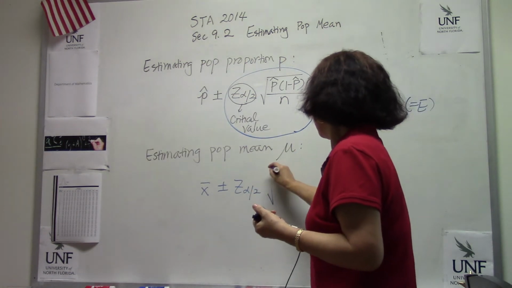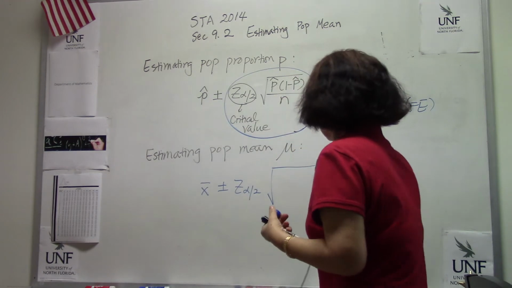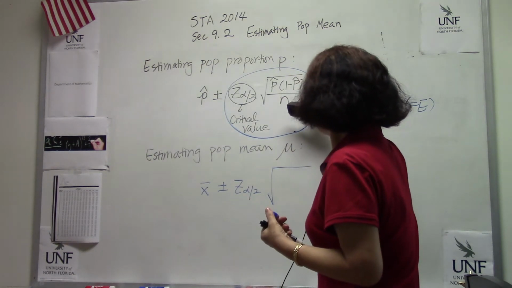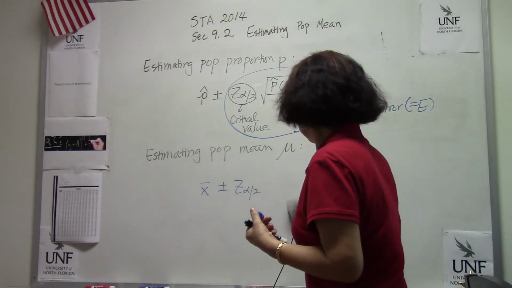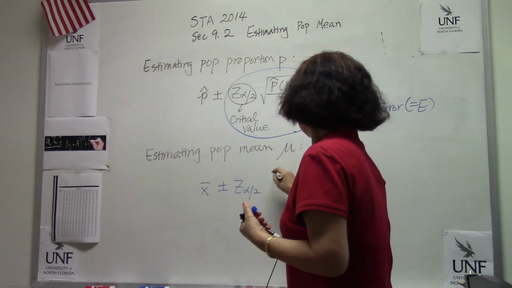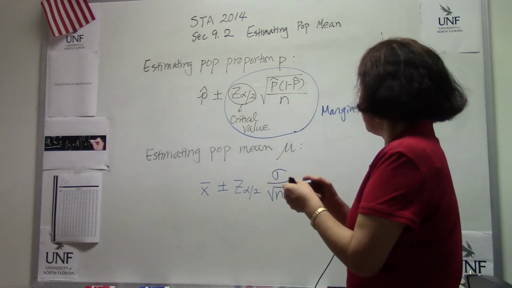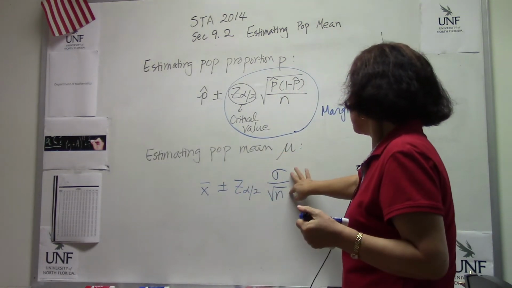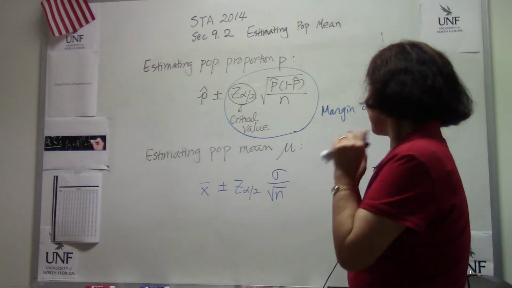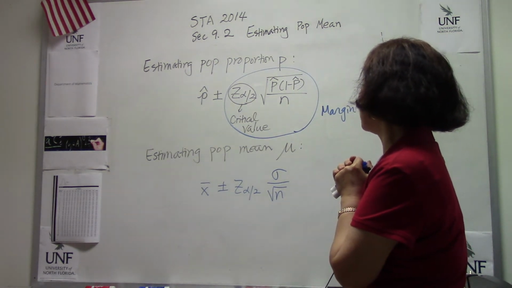This time, instead of the standard deviation of the sampling distribution of sample proportion, we are going to use the sampling distribution of sample means. So I'm going to have sigma over square root of n.